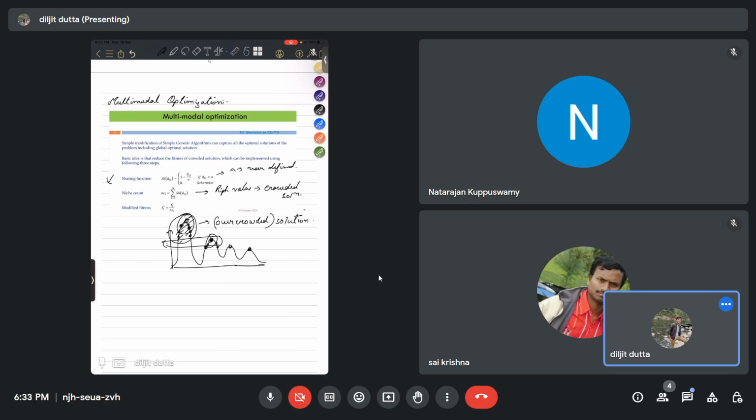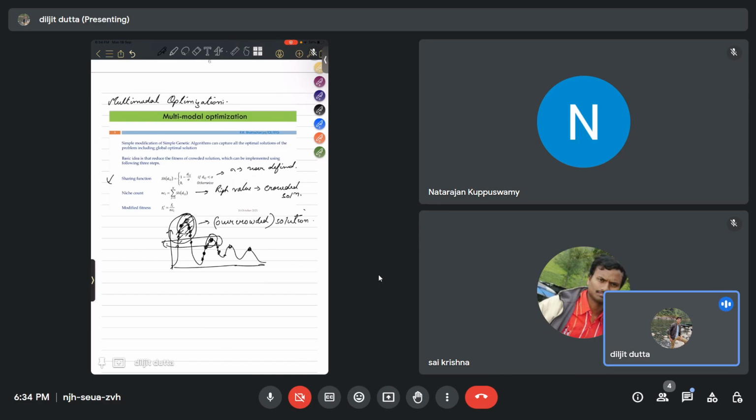Suppose when you're initializing the population, doing the selection, crossover and mutation, we will have some values here and there. Normally we would be discarding those values, but in this method we won't be discarding them.